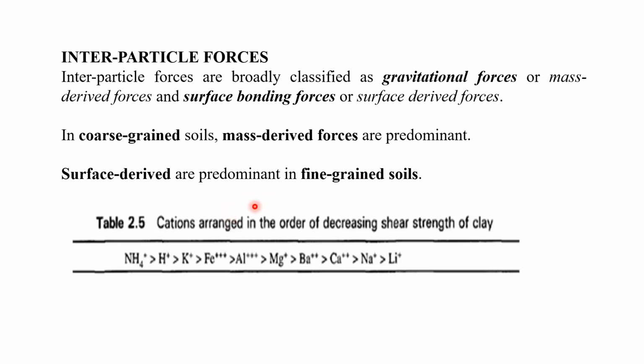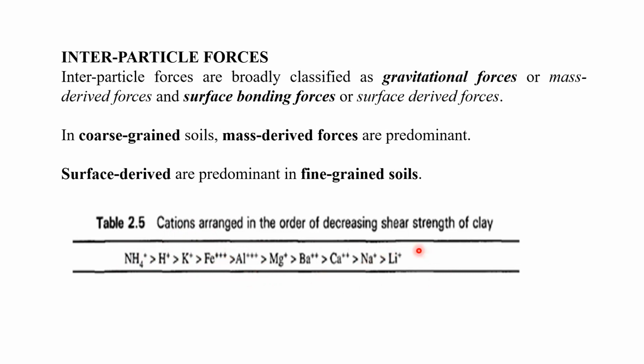And one thing I would like to tell you, we are going to talk about the interparticle forces in the clay particles, right? We are not going to talk about the gravels or the coarse grain soil, right? So you can see here in the clay soil, these materials are there: ammonium, hydrogen, potassium, iron, aluminum.